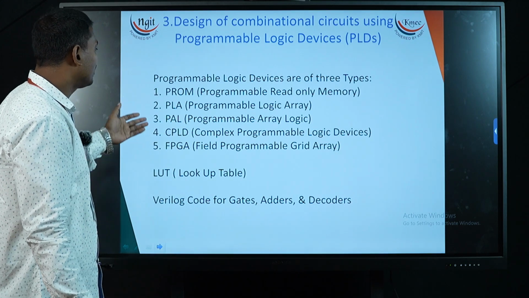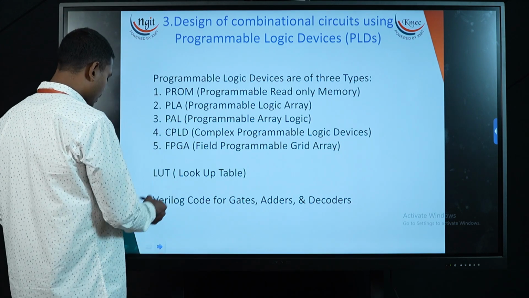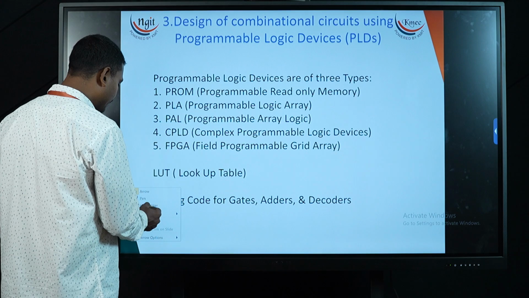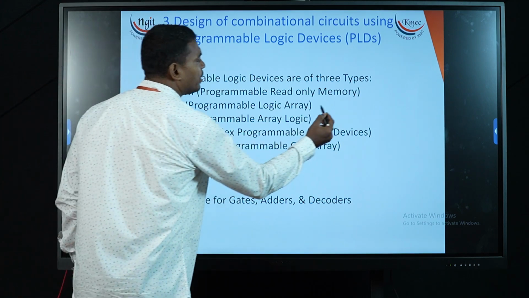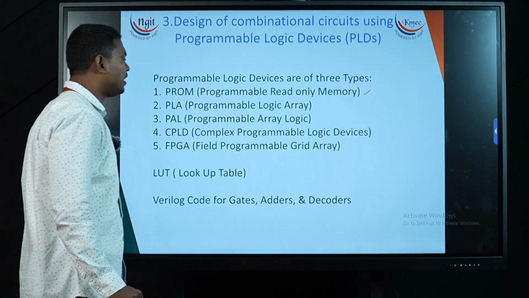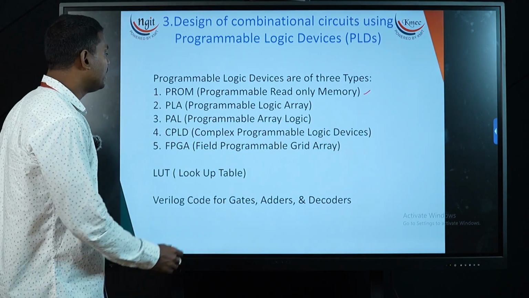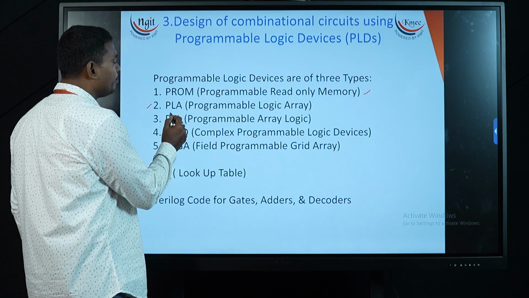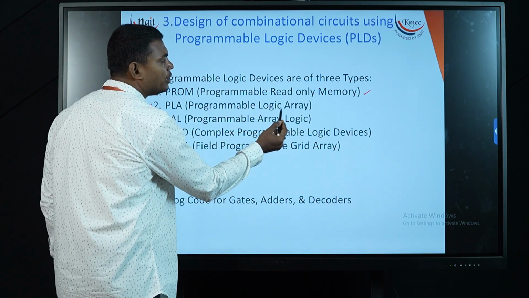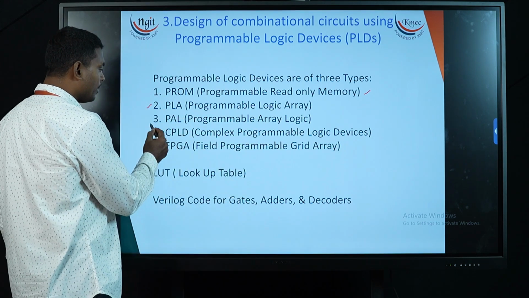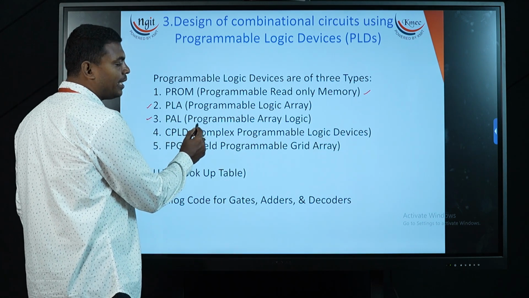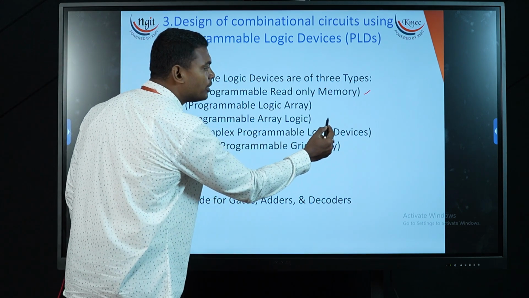Now there are 5 types of PLDs. If you observe clearly, the first PLD is PROM, that is programmable read-only memory. Second one is PLA. PLA stands for programmable logic array. Third one is PAL, that is programmable array logic.